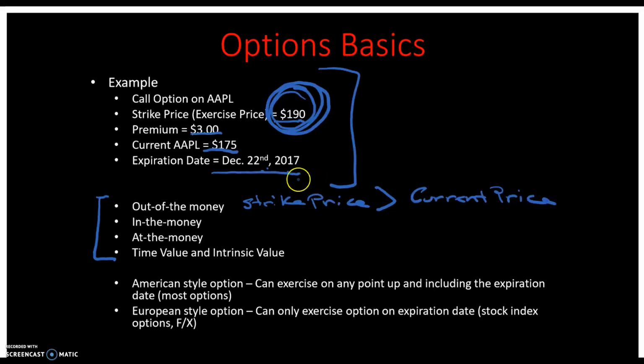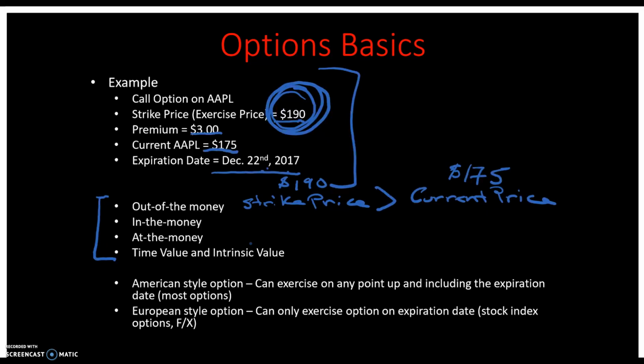Right? So the strike price here is $190. The current price is $175. This is out of the money. Nobody wants this. Or if you're going to buy this, you're going to buy it for a very cheap price. Out of the money. We're going to talk about time value, intrinsic value here in a second. But that's what an out of the money option is. If you hear that being discussed, strike price is greater than the current price.